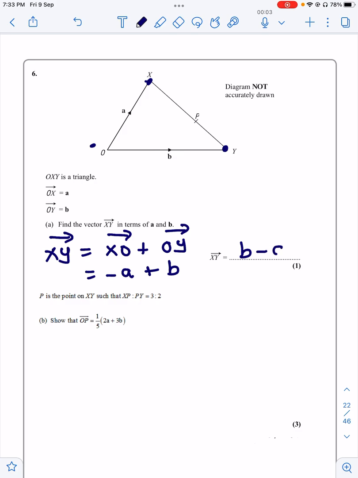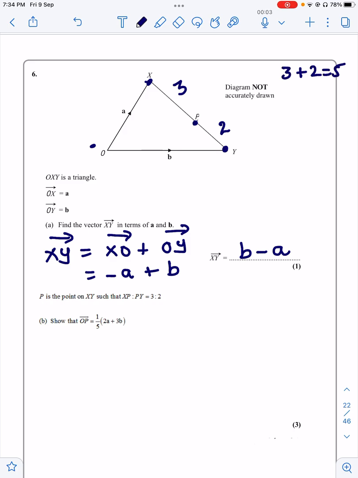So this becomes my answer, B minus A. Now again, P is a point given on XY such that XP is 3 and PY is 2. What do I do? I add the ratio. 3 plus 2 gives me 5.